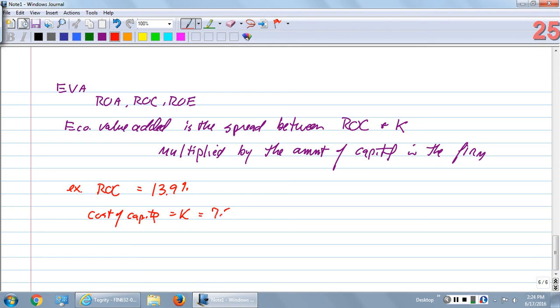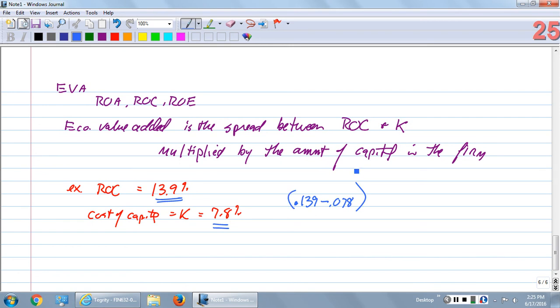So what that means is that it cost the firm on average 7.8% to raise every dollar of long-term capital. Whether it was long-term debt or stock, it cost them on average 7.8%. But the return on their invested capital was 13.9. So the difference, 0.139 minus 0.078, is how much they benefited for every dollar of capital.